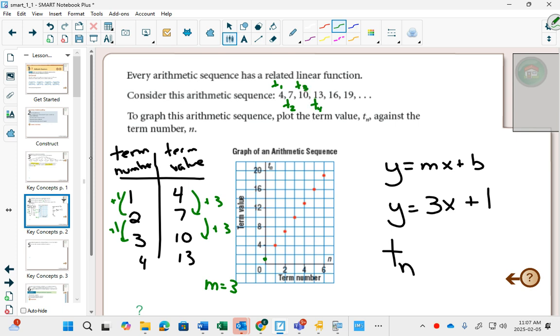We write the little number underneath it to say its position in the sequence. So we use Tn to say any term. And you'll sometimes see this referred to as any term in general, so they call it the general term. And the formula would be 3n plus 1.